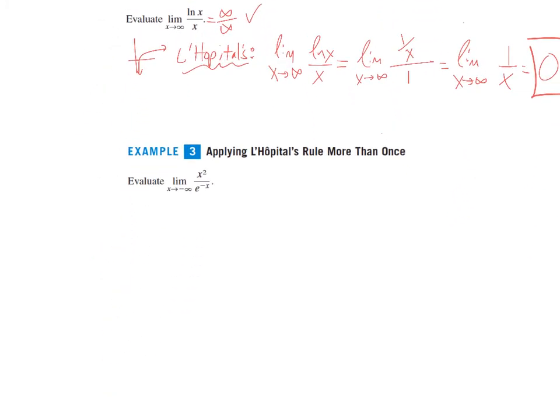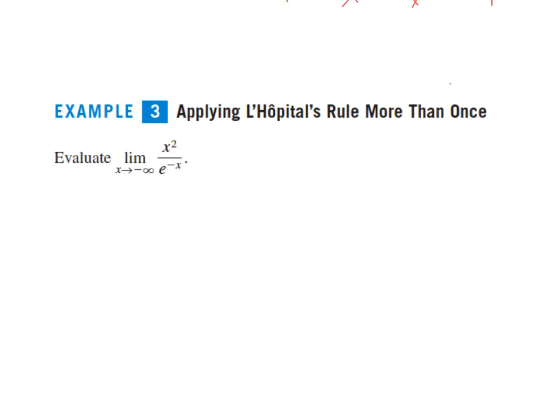Well, sometimes we've got to use L'Hopital's rule more than once. In other words, we've got to use a derivative more than once. So let's see what happens here. So first, let's check it out. As we go to negative infinity, negative a million squared, negative a billion squared, so on and so forth, that's going to infinity. Okay, negative a million squared is a big number, a big positive number.